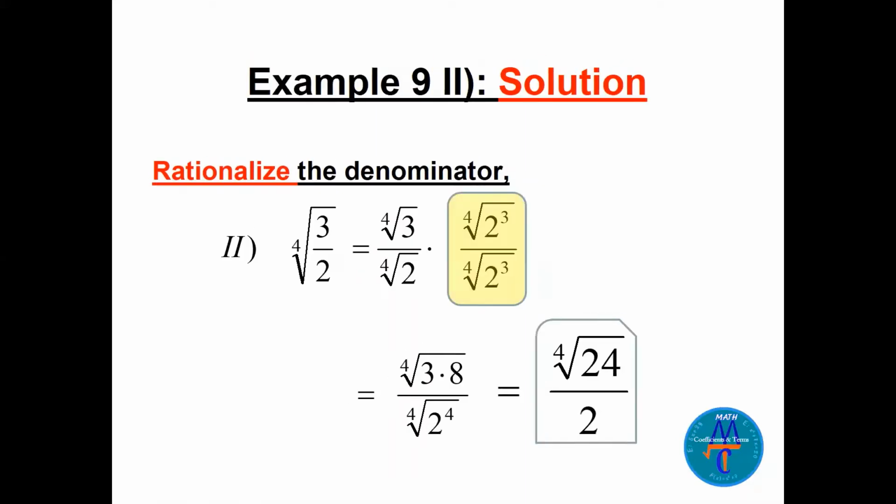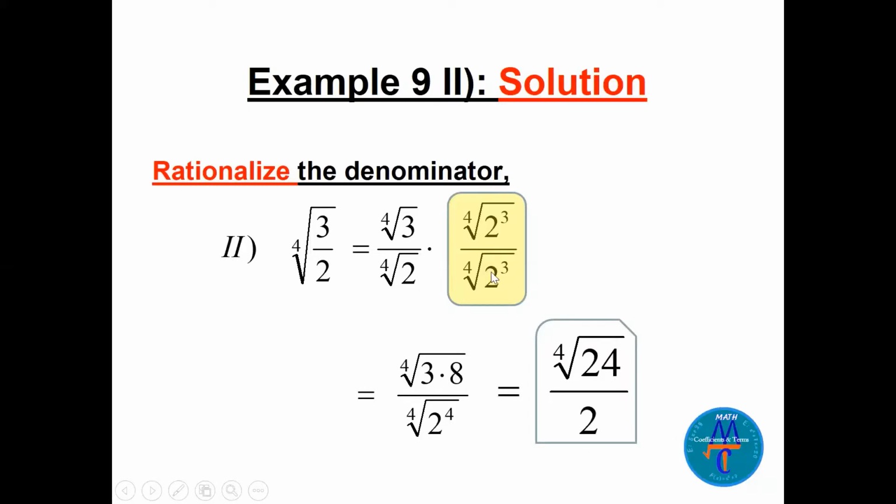Let's see. The answer, 4th root of 24 divided by 2. Why? Here, let's split first. 4th root of 4, 4th root of 2. The index here, again. The index is 4. So just use your fingers here. The index is 4. I have 1 2. So you take it out.